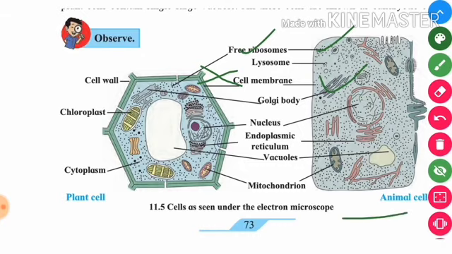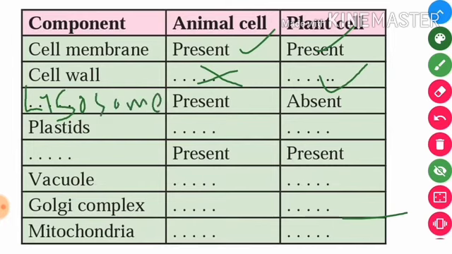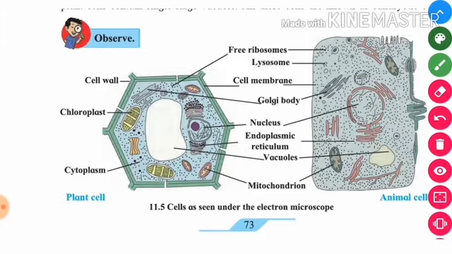So let's see. Okay, lysosomes. Lysosomes are present in animal cell but absent in plant cell. Then plastids.